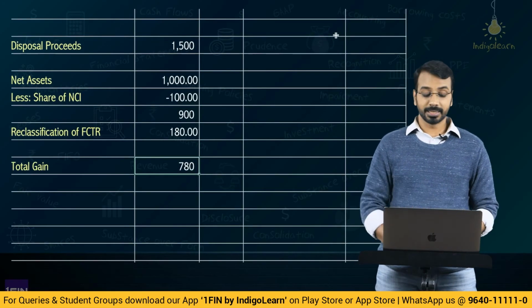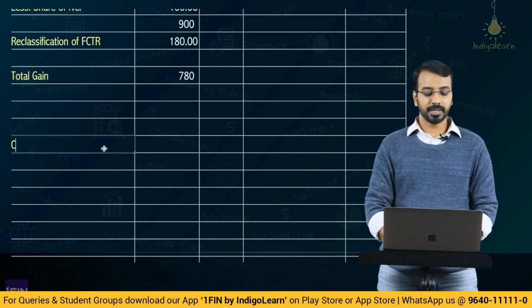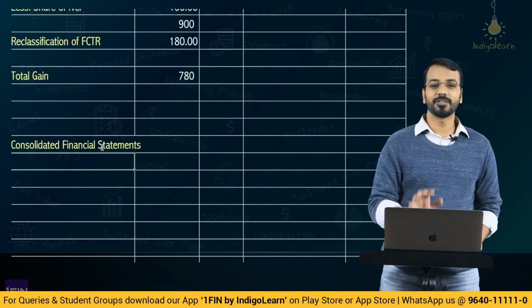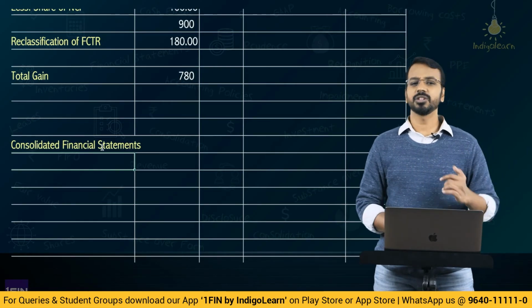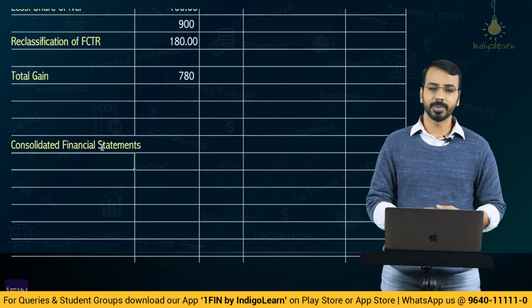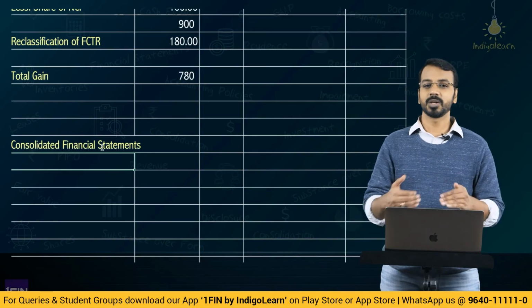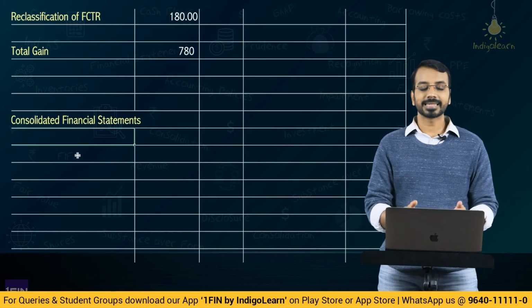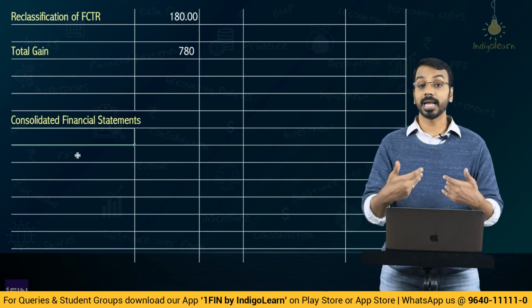The other way to understand this is from the consolidated financial statement. I am not talking about the individual financial statement, because in an individual or standalone financial statement, the sale minus cost of investment will be the gain. In the consolidated financial statement, what is happening? Net assets worth 1000 is going out.